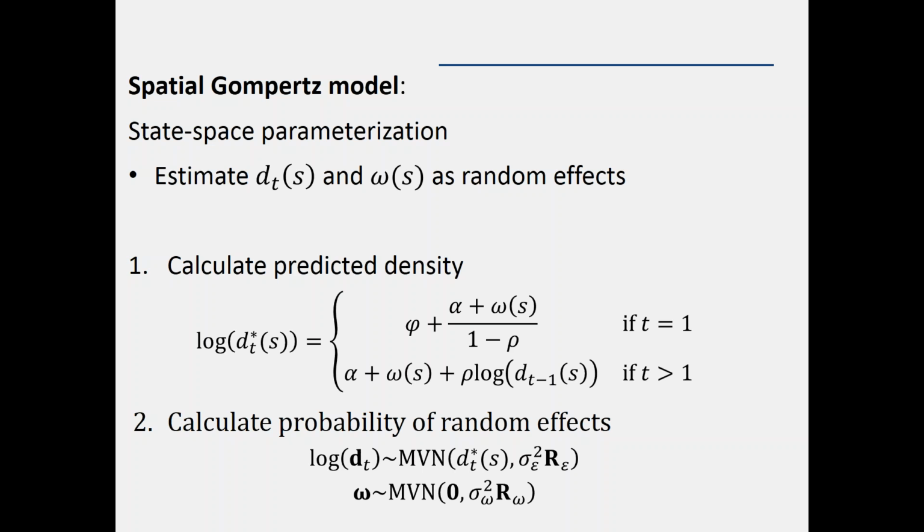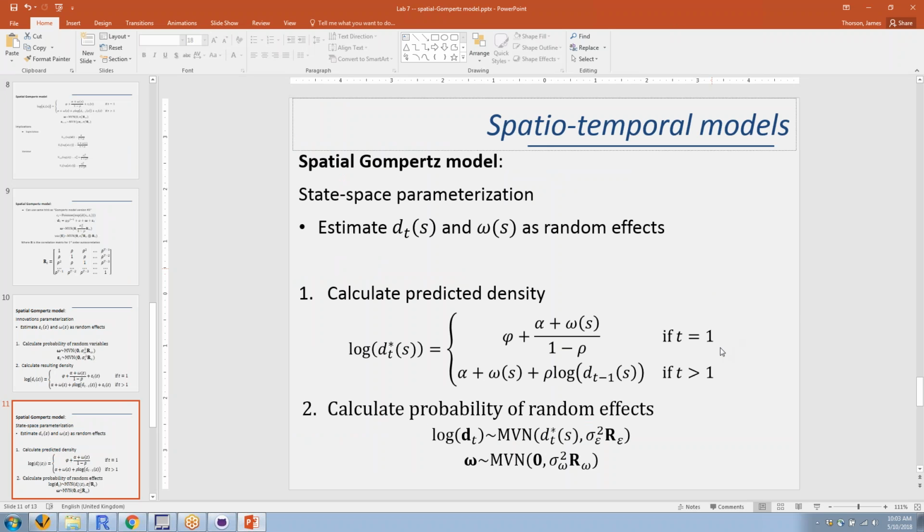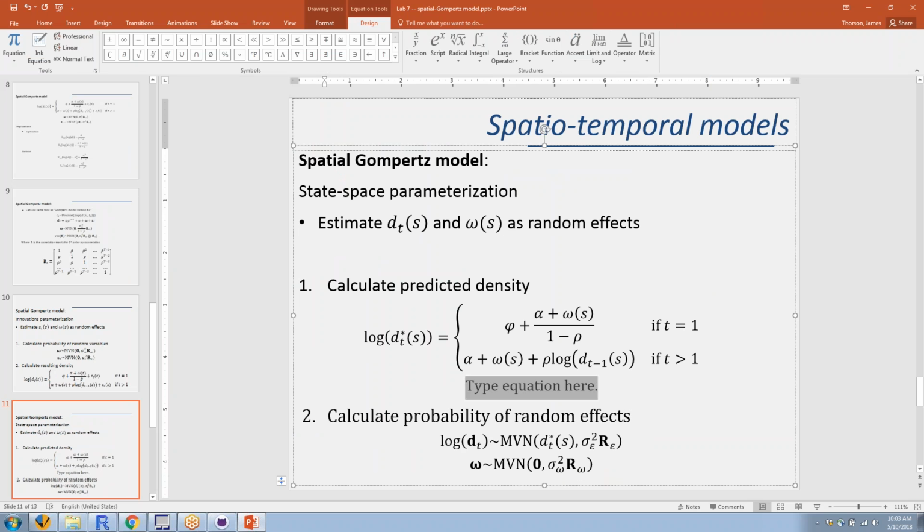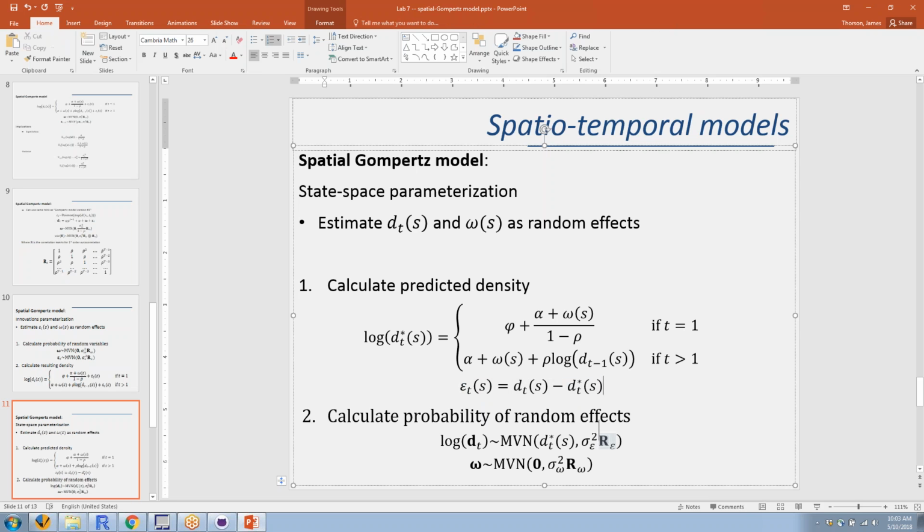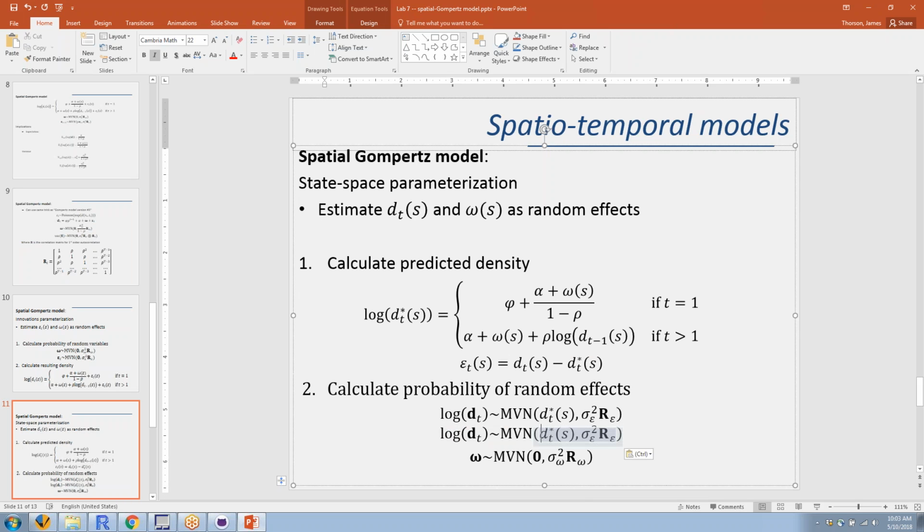Can you say that again? So another way you could have written this out, if it would be essentially identical, is saying epsilon t equals d s minus d s, and then down here have that and this.